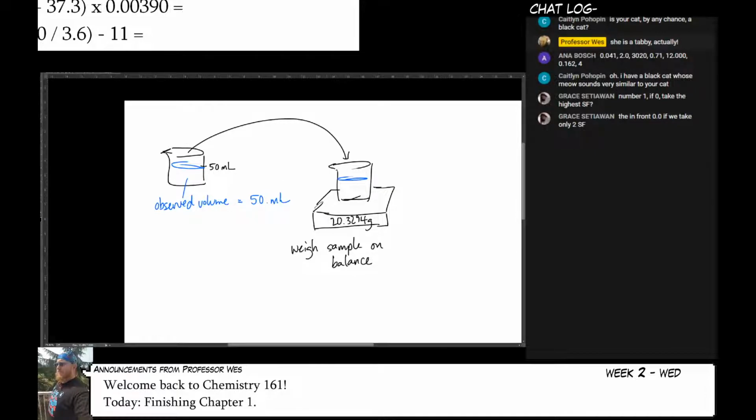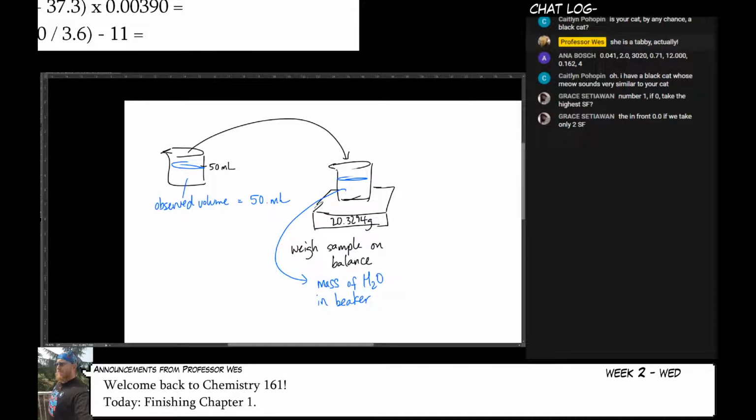Now, from this information, you are going to get the mass of the water in the beaker. Obviously, you need to have done some steps before this, so you would have had to have weighed the beaker before putting this on there. And then you would get the mass of the water by difference.